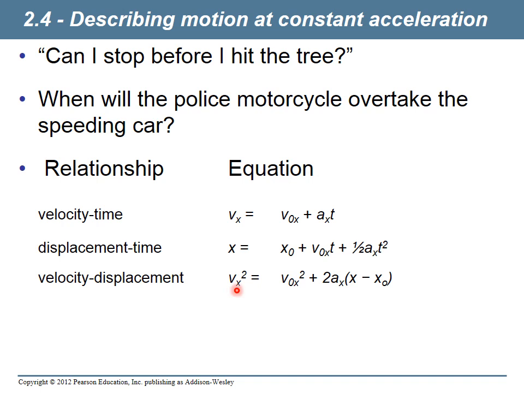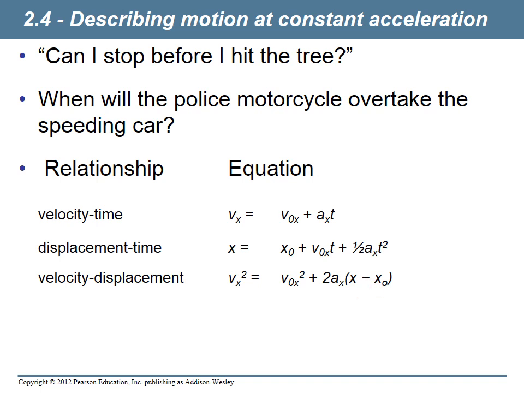The velocity in the x direction squared is equal to the initial velocity, v naught x, squared, plus 2 times the acceleration in the x direction times delta x, our position minus our starting position.